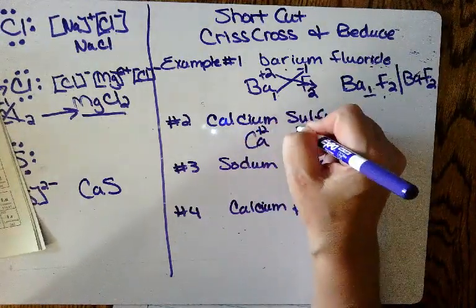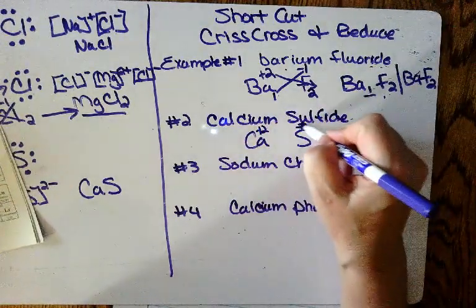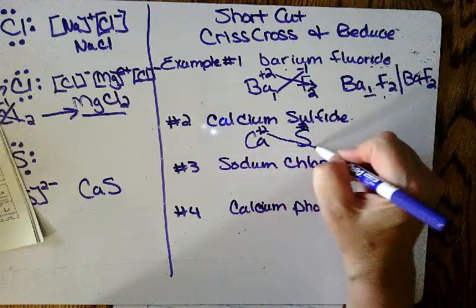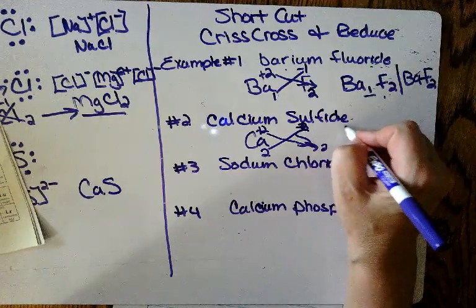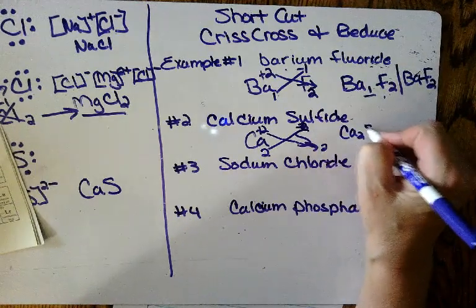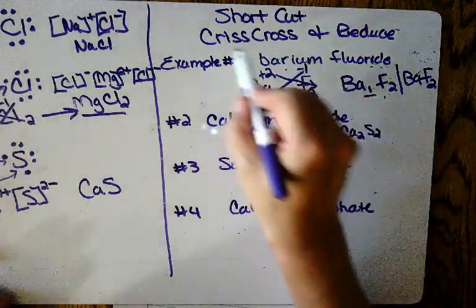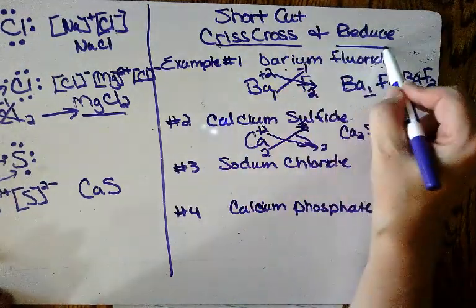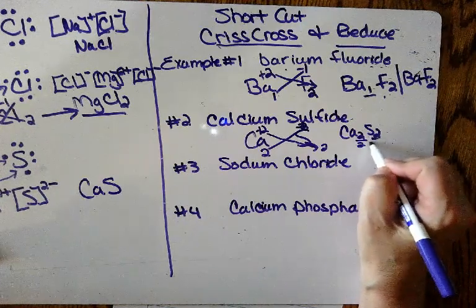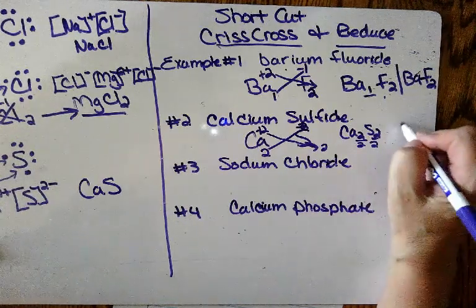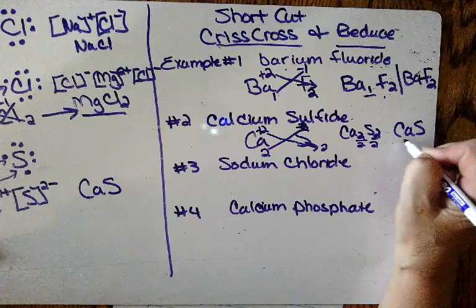And then crisscross them. So this 2 goes here, and this 2 goes here. So I have calcium 2, sulfur 2. But we crisscross and reduce. So I can divide both of these by 2, just like you reduce a fraction, and I get calcium sulfide, and that is my formula.